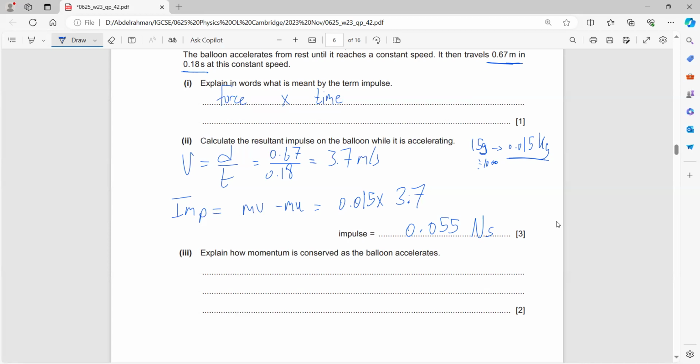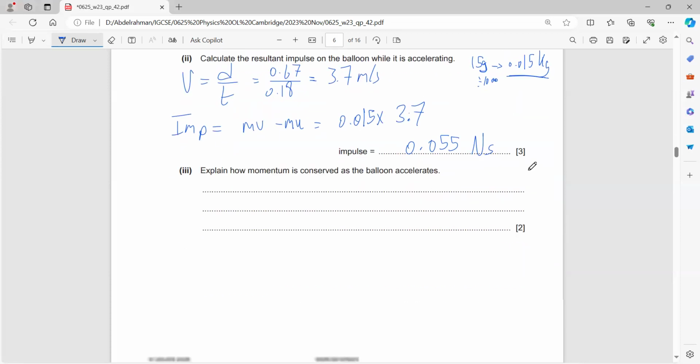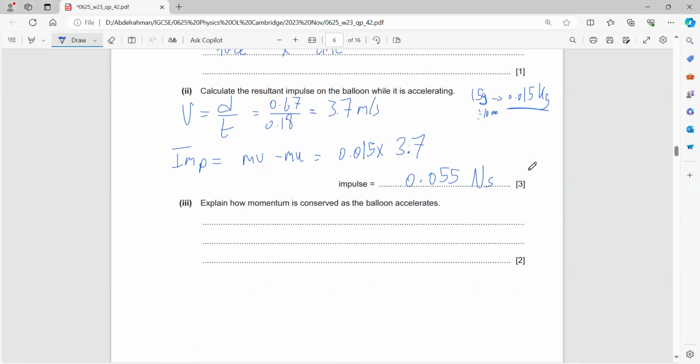Explain how momentum is conserved as the balloon accelerates. Is that the law of conservation? Yes, the law of conservation of momentum. But how is it used in this question? The momentum of the balloon before it is released is equal to the momentum after.